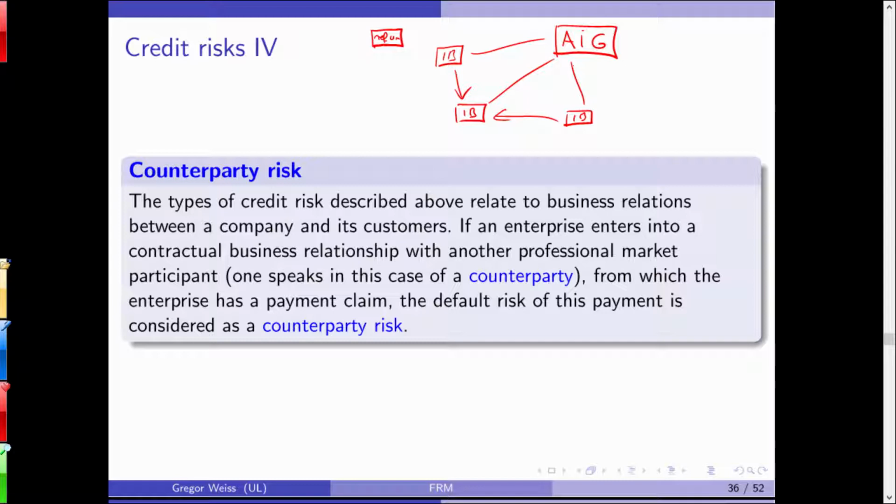You are hedged against this risk. But at that point, many banks suddenly realized, if AIG defaults, I'm left standing with my trousers pulled down, and if then Lehman Brothers also defaults, I'm in big trouble as well. And this is the problem with counterparty risk.